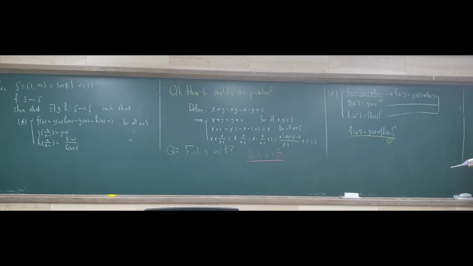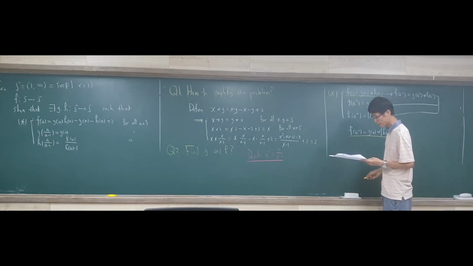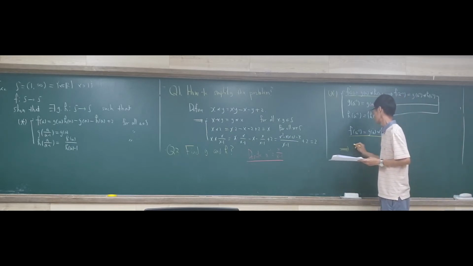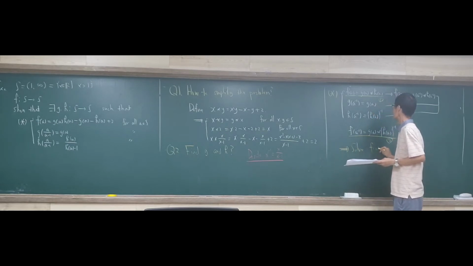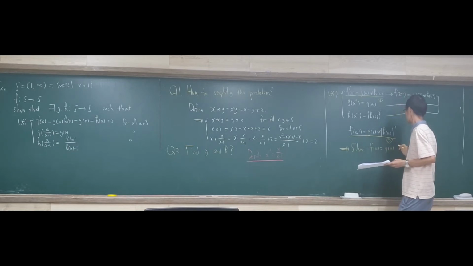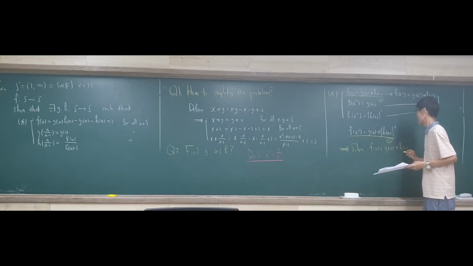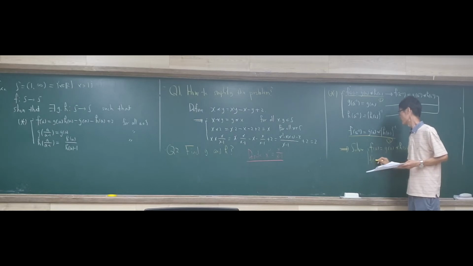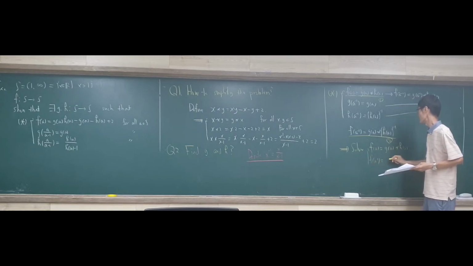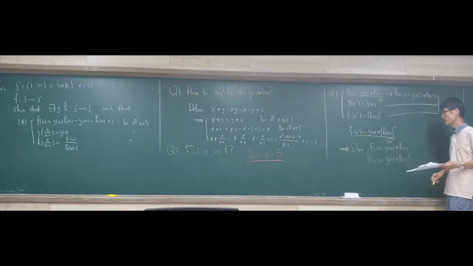So now we have a problem to solve: F(a) equals G(a) star H(a), and F(a) inverse becomes G(a) star H(a) inverse. How can we combine these two conditions?